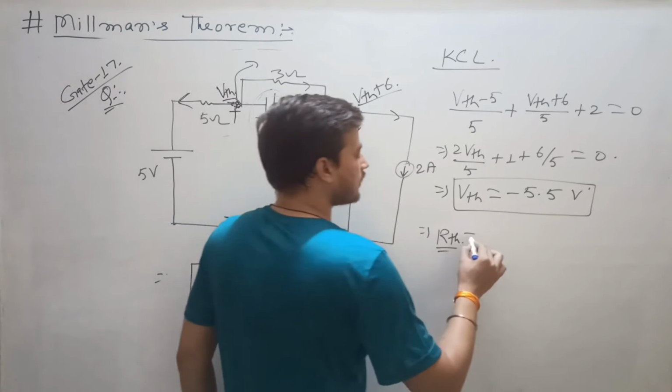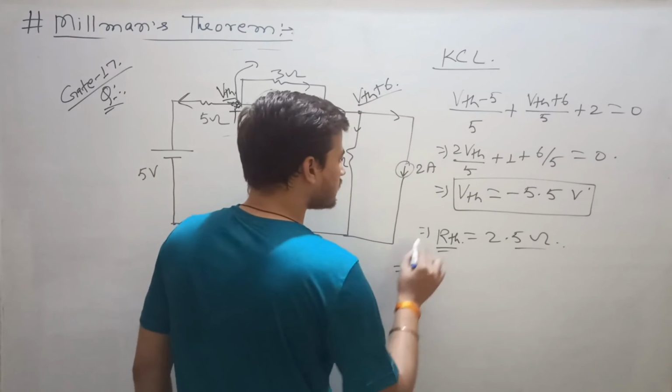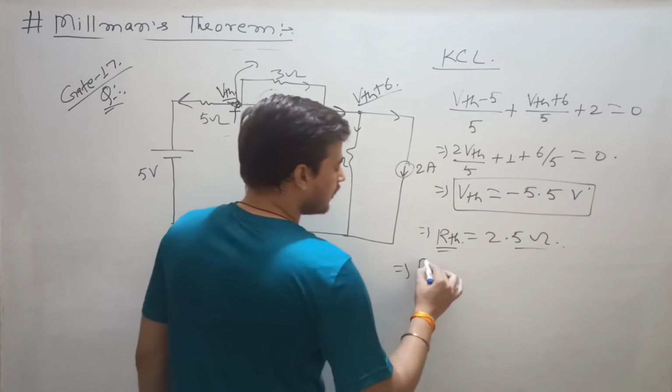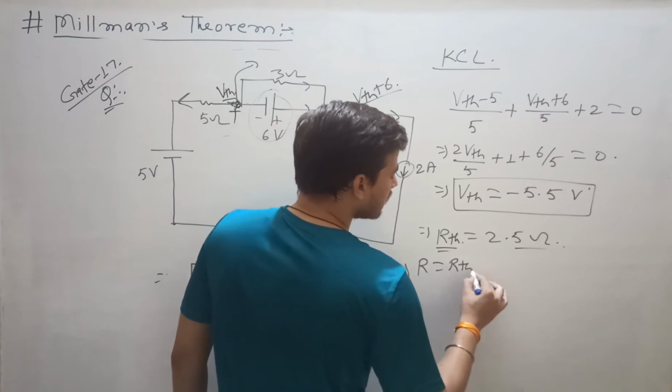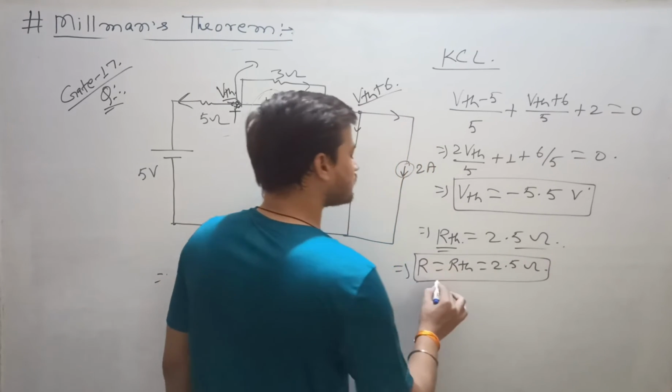So RTH will be equal to how much? 2.5 ohm. If RTH is equal to 2.5 ohm, then what will be the value of R? R will also be equal to RTH, that means 2.5 ohm for maximum transfer of power.